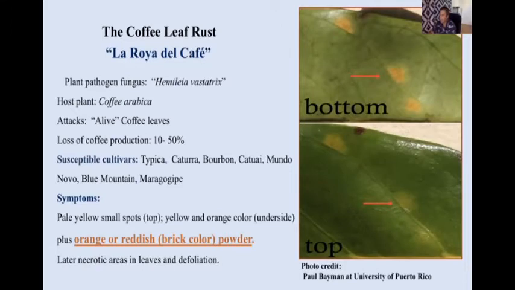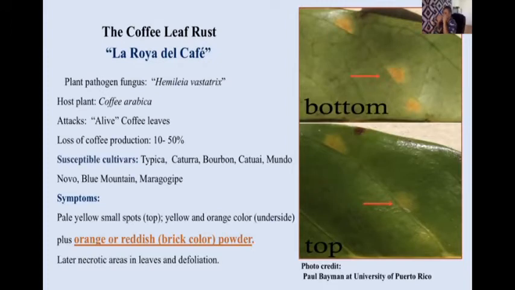And like Lisa told before, at the beginning, it should be the opposite picture, sorry for that. But at the beginning, we just see the start of the disease, just a little yellow color. And then this is the major sign that we can see, this kind of orange or yellow or reddish powder.